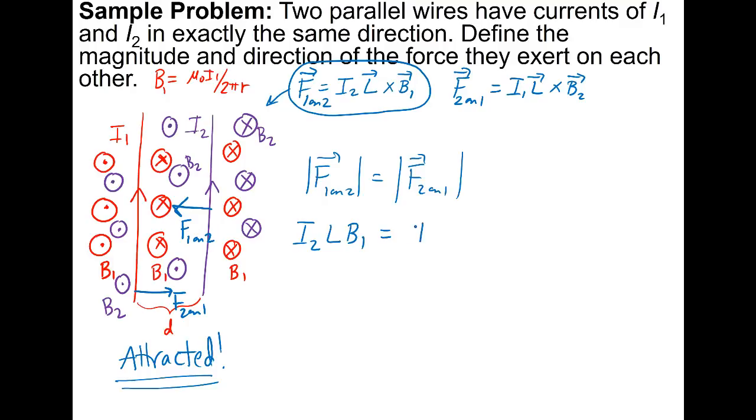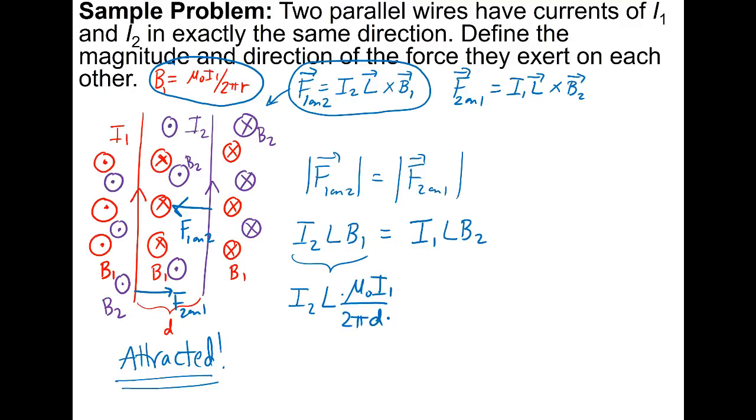And that's equal to I1 L B2. Let's just focus on the left side. I2 is a given, and we'll assume that we know L, but how do I find B1? I have to look up here, and it turns out that B1 is mu naught I1 over 2 pi d.